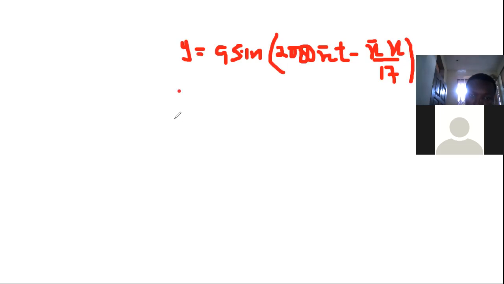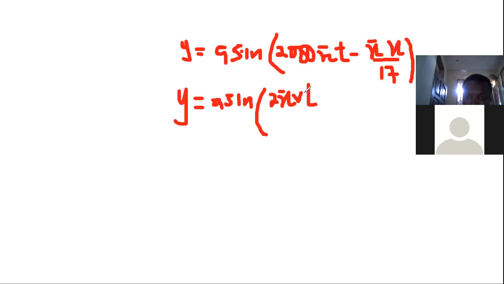So y is equal to A sine 2 pi Vt all over wavelength minus 2 pi x all over wavelength.